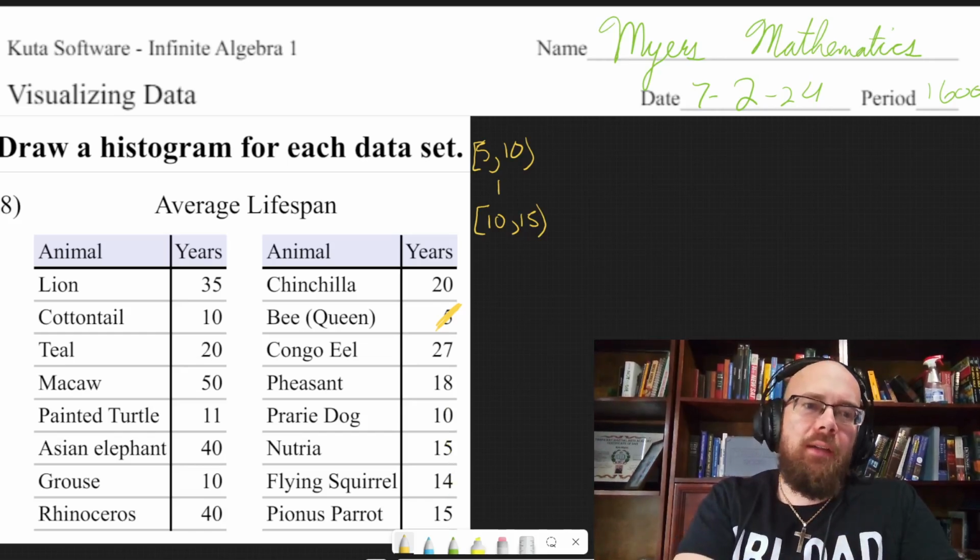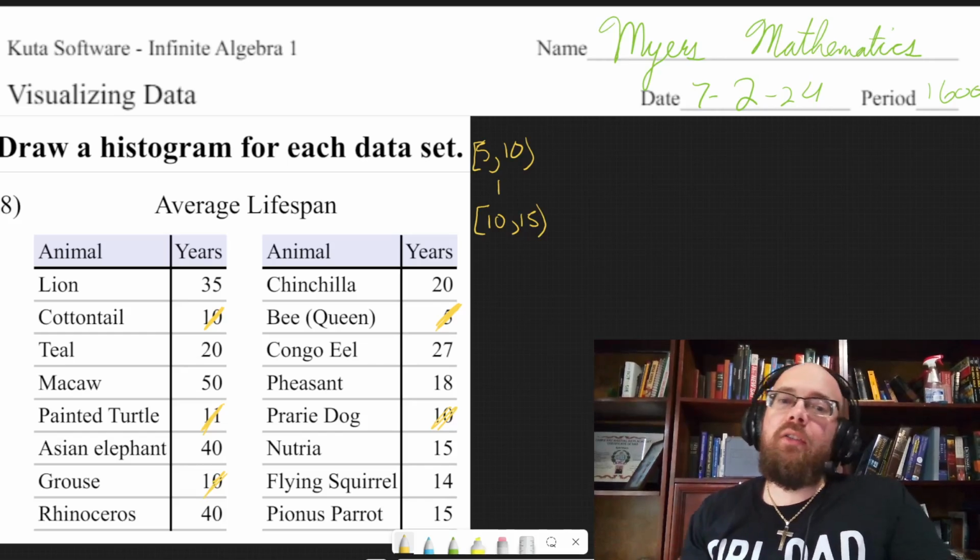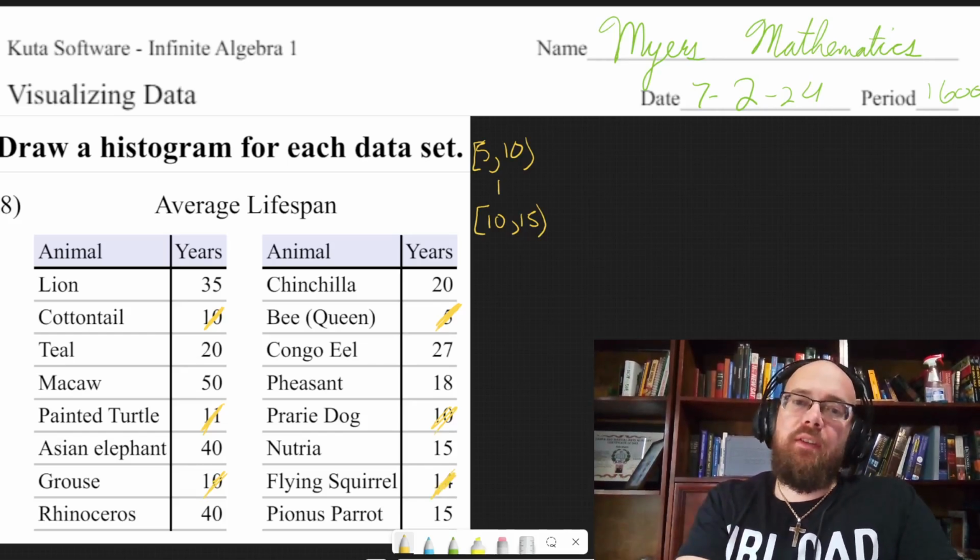Wow, a lot of them. Let me count again: 1, 2, 3, 4, 5, because we're not including those 15s. But still 5. That's still a lot.